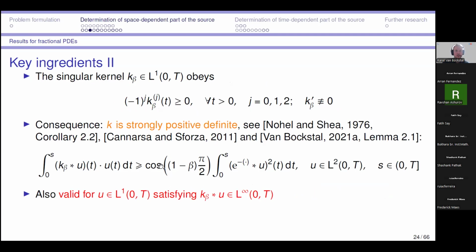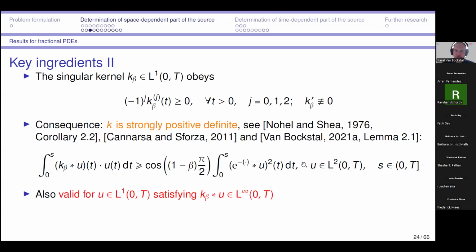So it's getting closer to 1 when beta approaches 1. And here is the time integral of the Laplace convolution, which is squared, with the exponential minus t kernel.